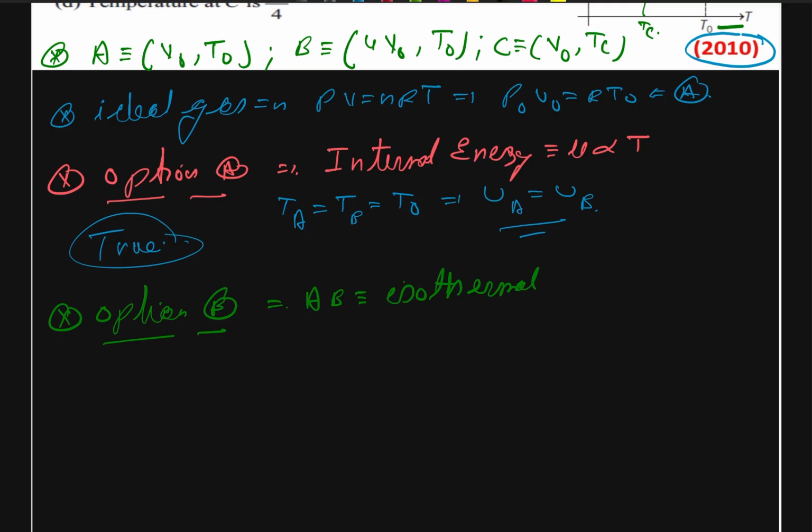Therefore, work done in process AB will be the integration from initial volume V naught to final volume 4 times V naught of P dV, or P naught dV. From here we can find P naught: P naught will be equal to R T naught divided by V naught.